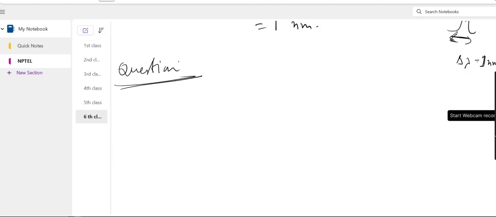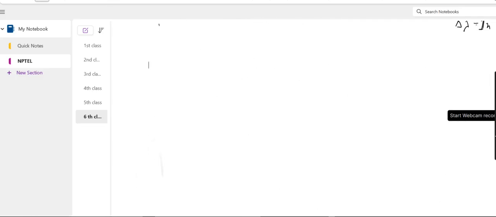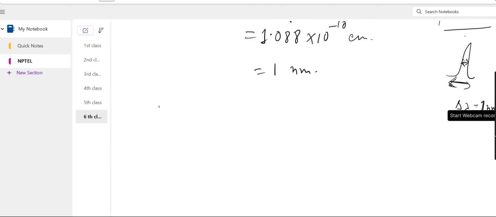Also, we can calculate delta lambda from delta nu directly.